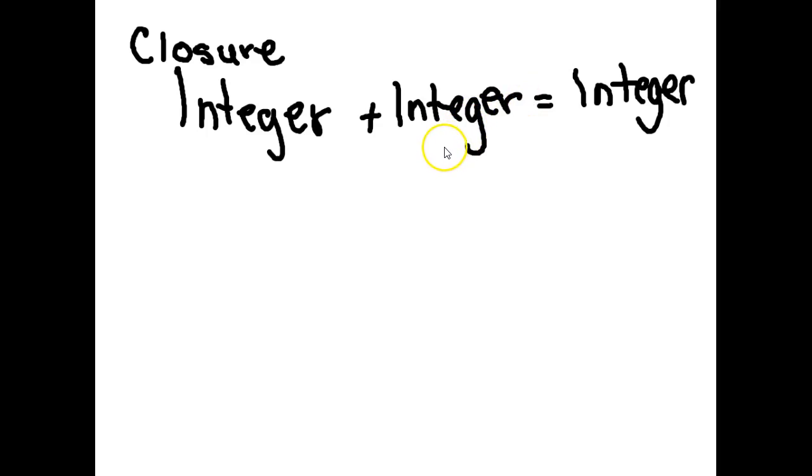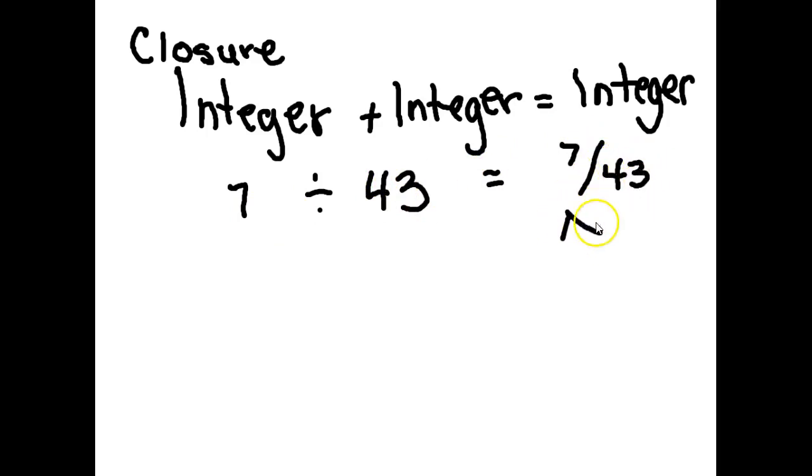Now, can I do that with division? Let's take a look. If I have an integer and I divide by another integer, there is no guarantee I'm going to get an integer back out. I'll get a real number, but I'm not going to get an integer back out. Like if I were to have 7 divided by 43, that is not certainly going to be an integer.